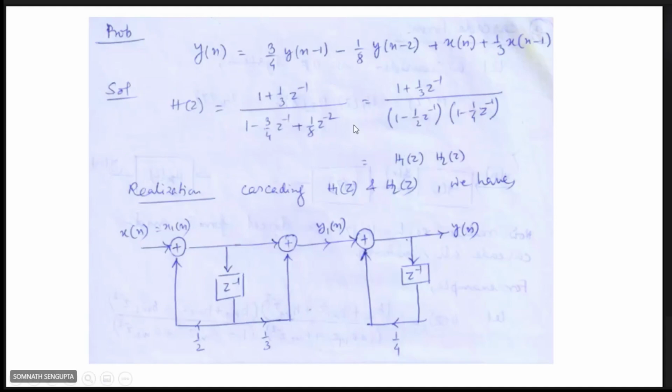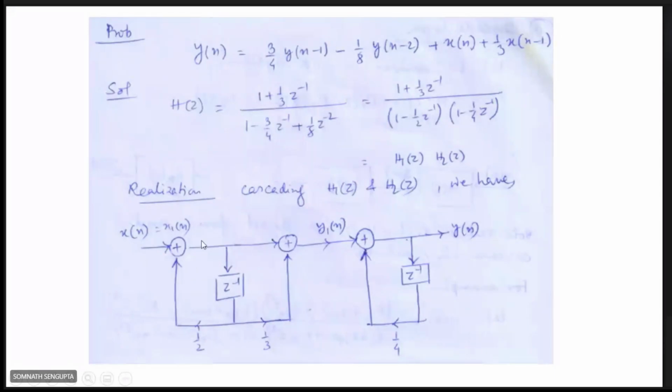With this, for the cascade implementation, this function should be split into separate transfer functions. Since the power of z goes to minus 2 only, we take two transfer functions, H1z and H2z, then implement H1z and H2z separately.